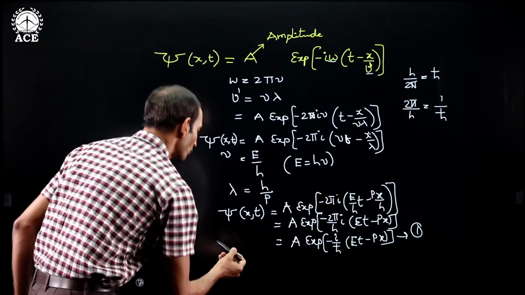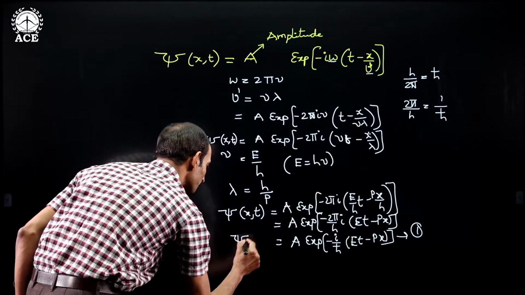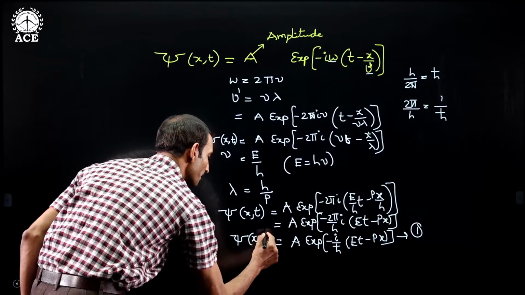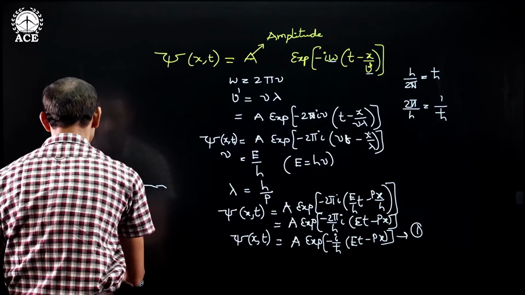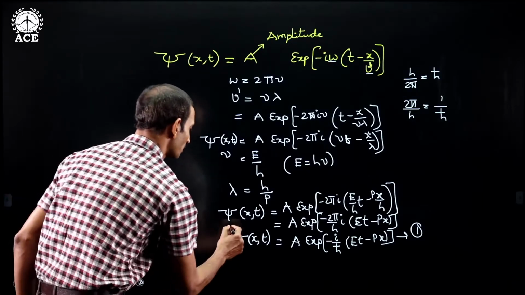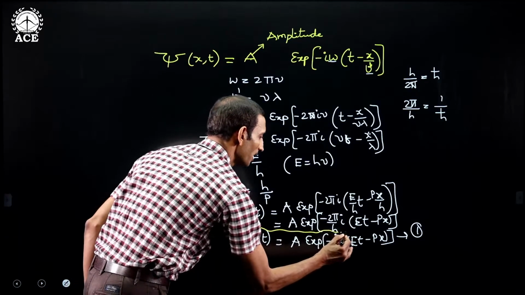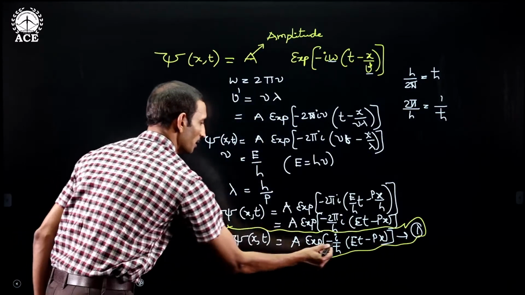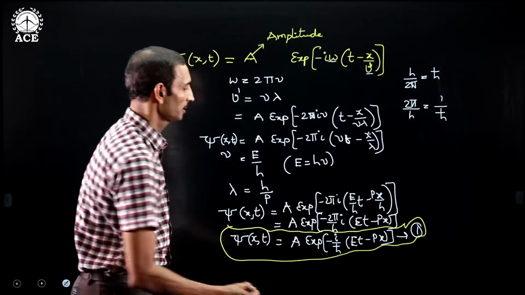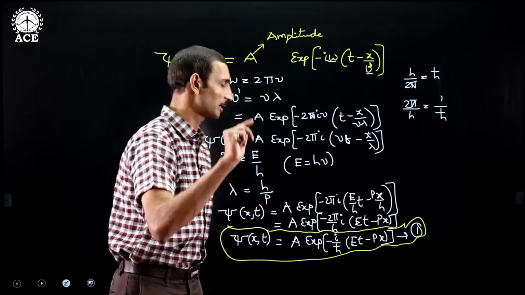What did we get? We got again the wave function, but in terms of the particle parameters. Just observe, except A, what do we have in this expression? We have E, that corresponds to the energy of the particle, and p, that corresponds to the momentum of the particle.